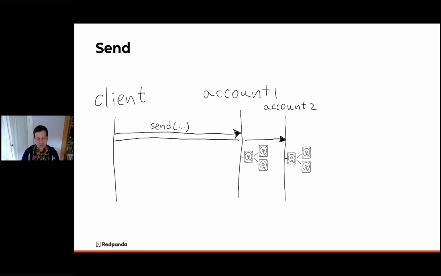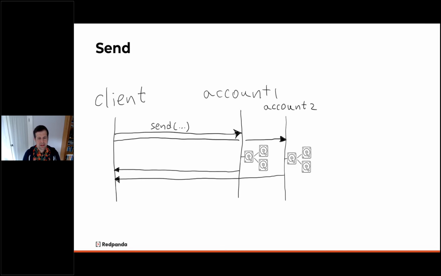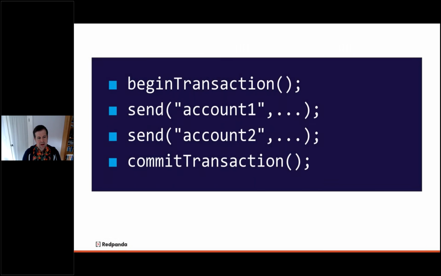And you see 3 little hard drives because typically you're replicating this data 3 times. So we have to have the data be fully replicated across the cluster, or typically replicated across the majority of the replicas before we move forward. So we're updating both of those topics for account 1 and account 2, and then returning back to the client that that's been successful. And then lastly, we have to commit this transaction.